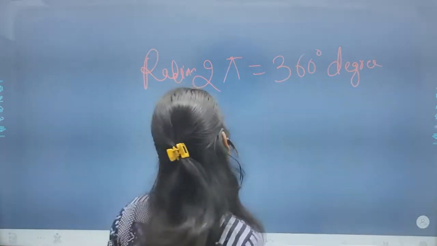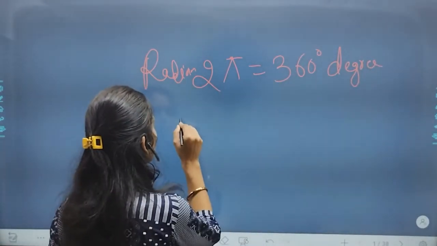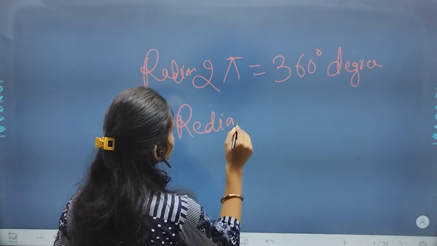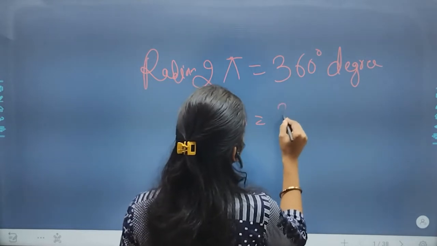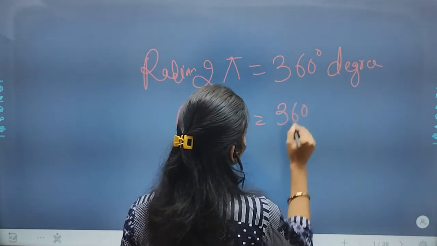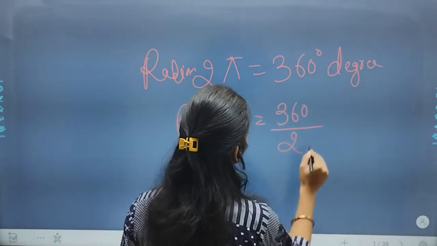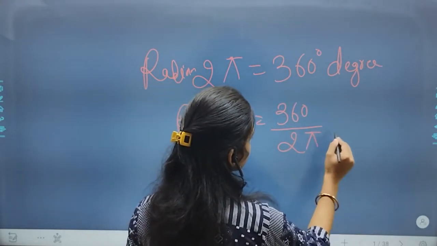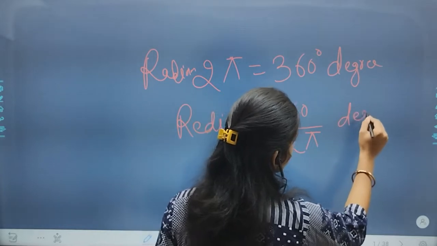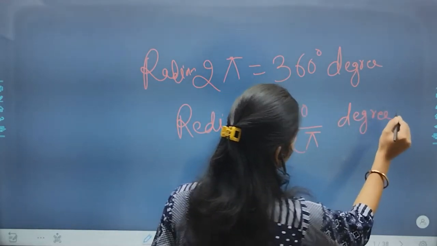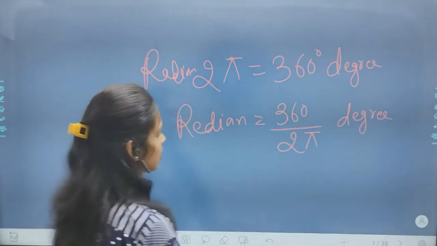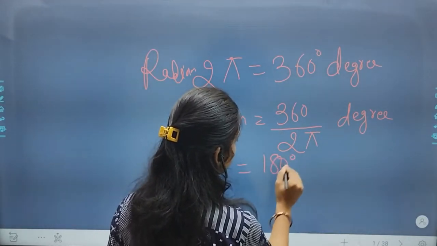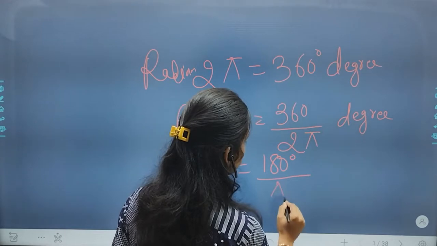Then one radian would be 360 by 2 pi, means 180 degree by pi.